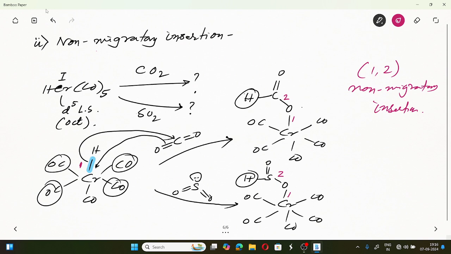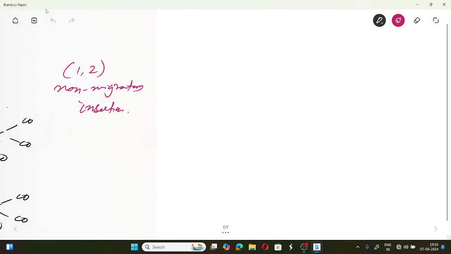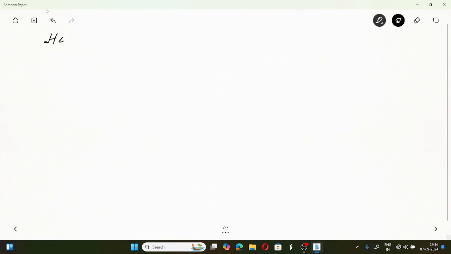Next, let us come to another example. This is known as Hieber base reaction. In this Hieber base reaction কি হচ্ছে, এই টাংস্টেন হেক্সাকার্বনিল, ঠিক আছে, tungsten hexacarbonyl.